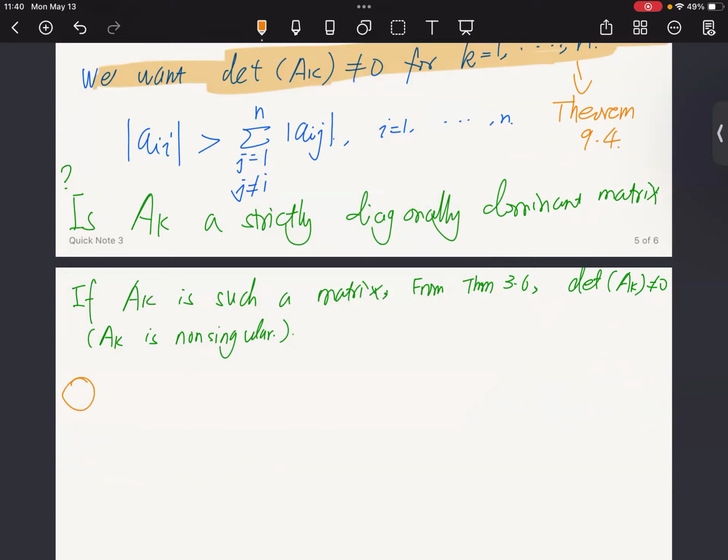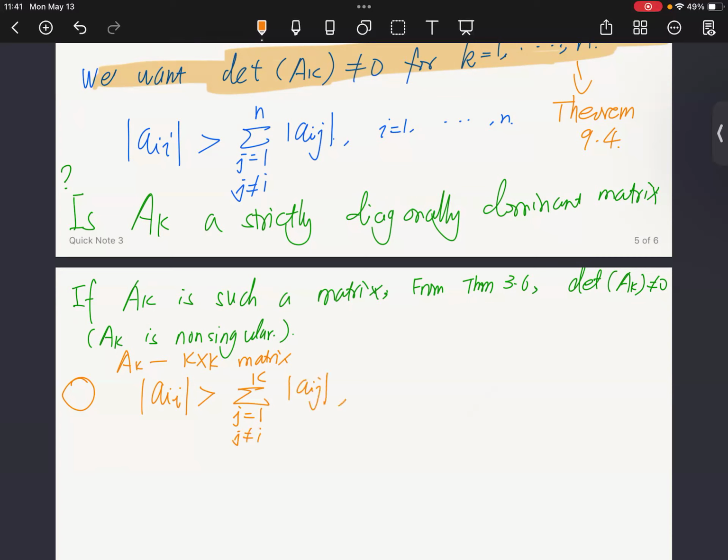We want to check that A_k is strictly diagonally dominant, and what we need to do is to check that |a_ii| is bigger than the sum. What's the dimension of A_k? It is k by k. So now, instead of checking up to dimension n, we are going to check j equals 1 to k, j not equal to i, of |a_ij|.